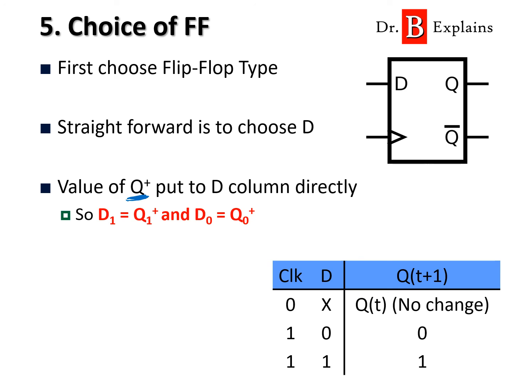If you go look at the state tables or the state assigned tables, whenever we say what is the next state, we call it Q plus. So in that case, we're going to put exactly that value that we want into the D column, and you're going to see in a bit.